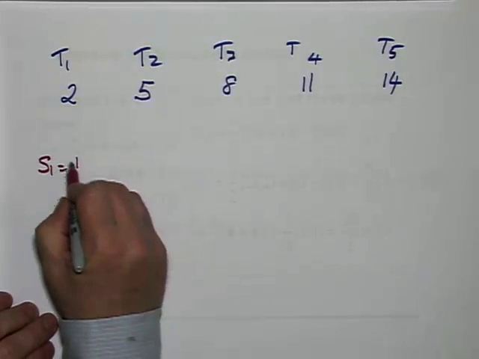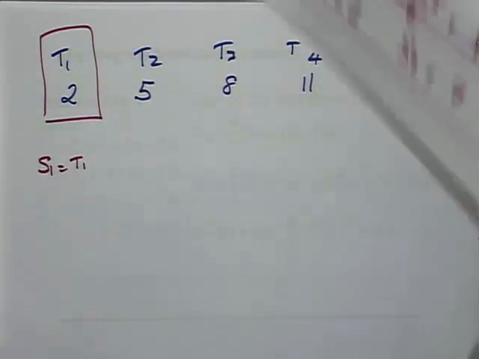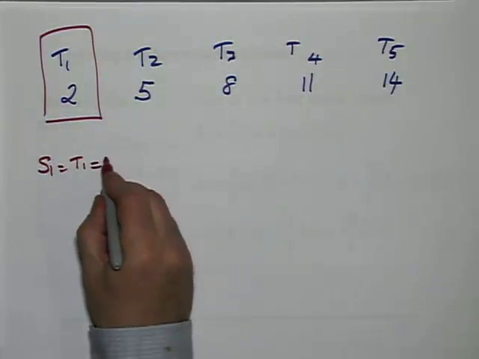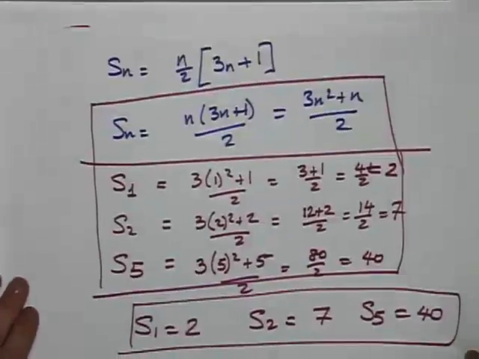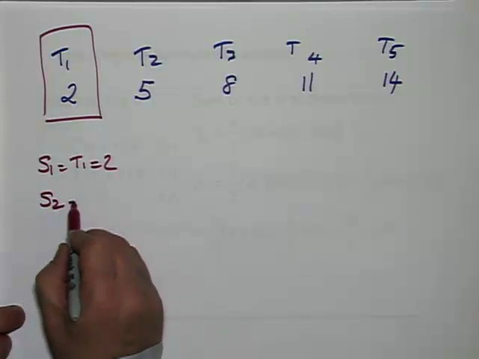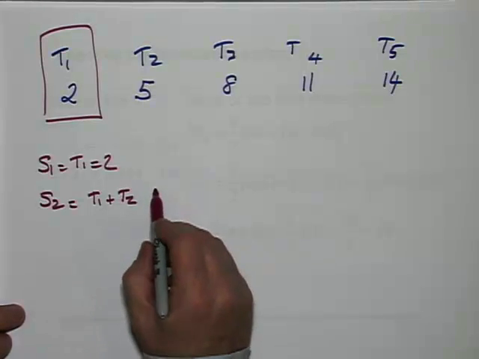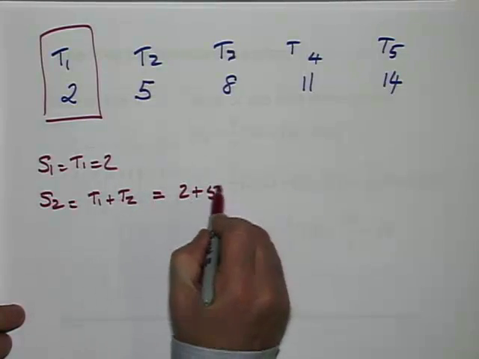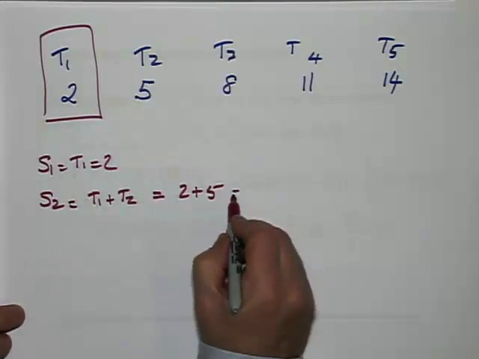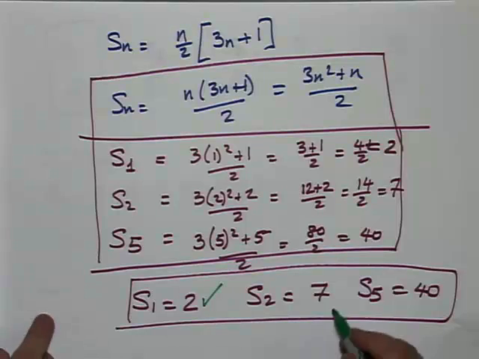S1 is T1 because you've only added up the first one. So S1 is T1, which is 2, and that's what we got. Now S2 is 7. Well, S2, remember, is the first term plus the second term. That's its definition. That's really 2 plus 5, and 2 plus 5 is 7. We look at that and we say, yeah, that looks pretty okay.